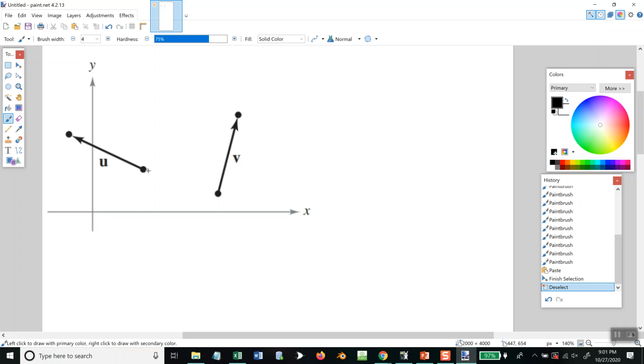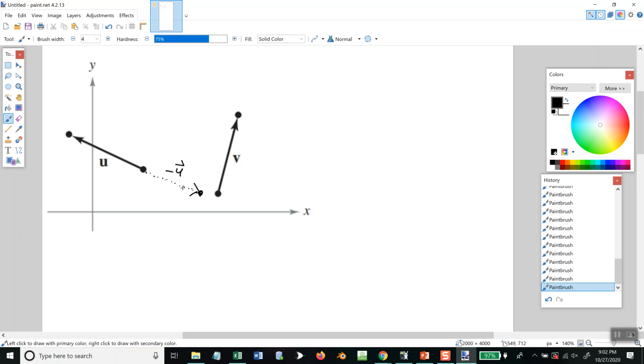Now, if u is going out this way, think of the directed distance we saw back in the previous chapter. Negative u would be going where? The opposite direction. So it'd be going over this way, the same distance or magnitude. So this would be our negative u. I didn't quite make it long enough.